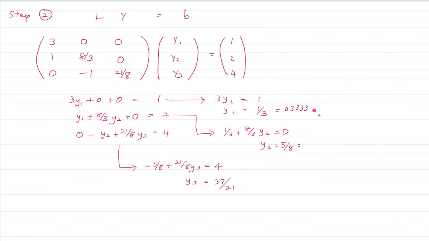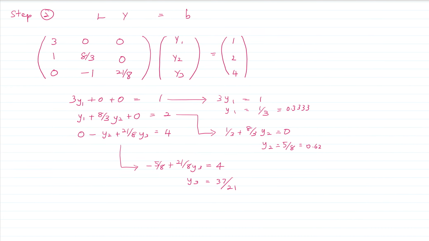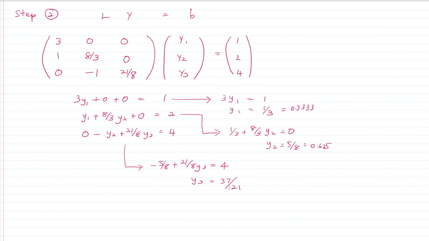It's good to practice writing down 4 decimal places. 0.6250, and this one 1.7619. Finish for step number 2.